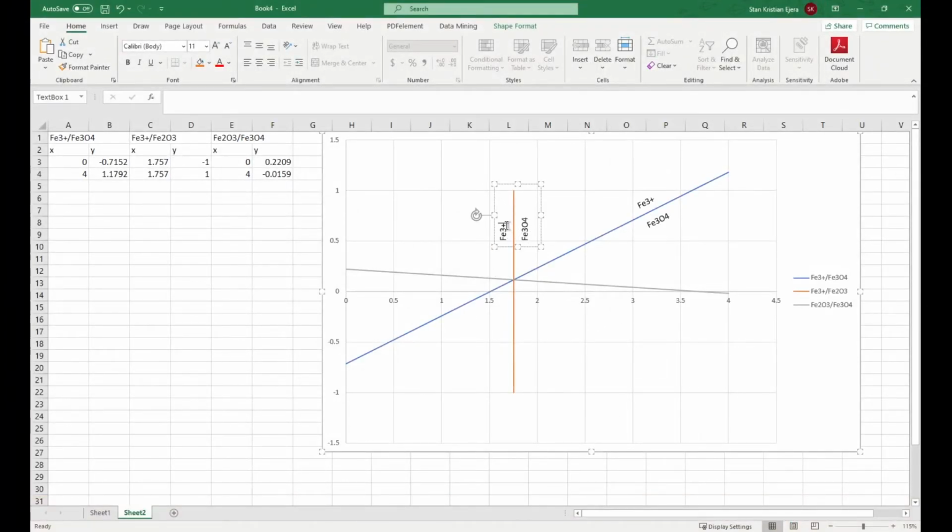Then, dapat ito, this is Fe3 plus to the left. Tapos to the right is Fe2O3. Okay? And yung last natin is yung Fe2O3 and Fe3O4, which is this gray line, no?